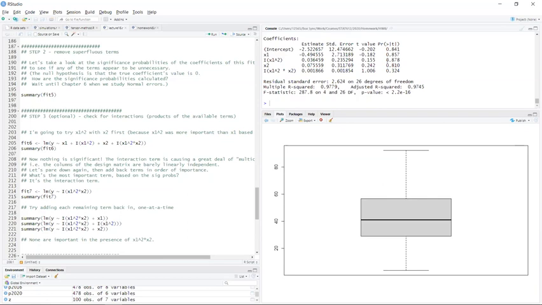It was about removing everything but the most important term. So if x1 had the smallest significance probability in this table, then I would have removed the interaction term and everything else and just gone with x1, and then added each one of these terms in turn to the x1 model, and seen which one helped most, if any did.